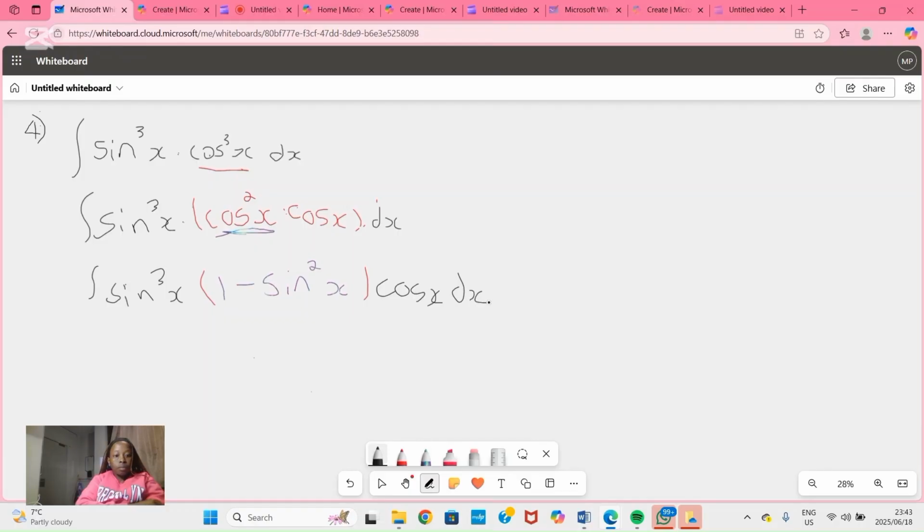After, we're going to multiply this by 1, then multiply this by sine squared x. We're going to have our integral sine cubed x multiplied by 1. It remains the same. Minus sine exponent 5.